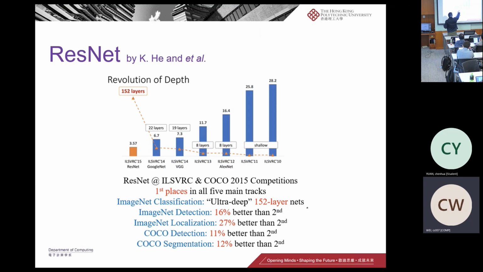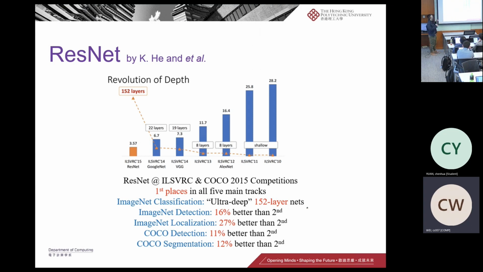But then it goes to 14. And VGG, like what we have introduced previously, has many more layers, 19, and then they got better performance. Then GoogleNet, with very similar layers, got very close performance as well.